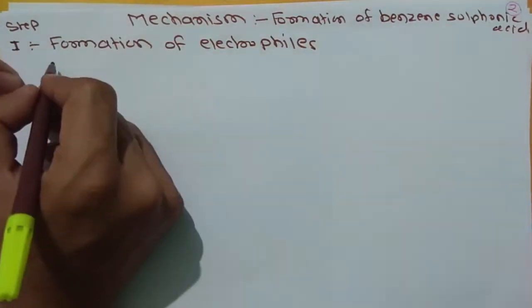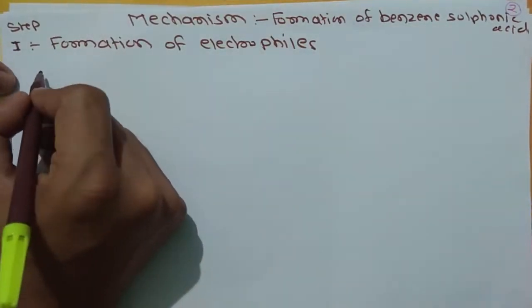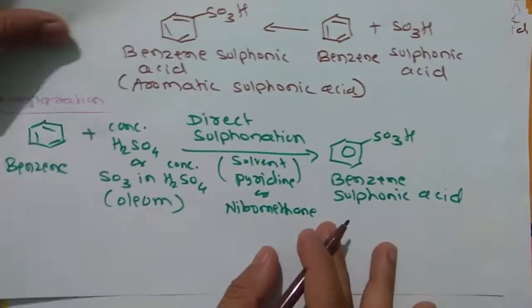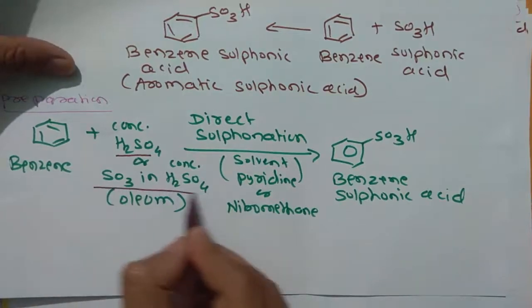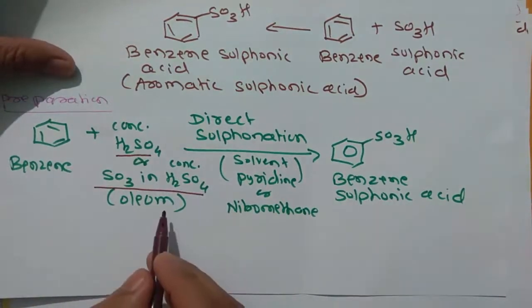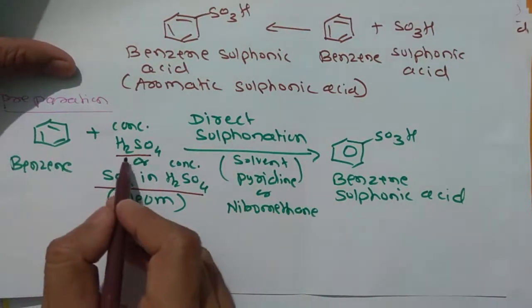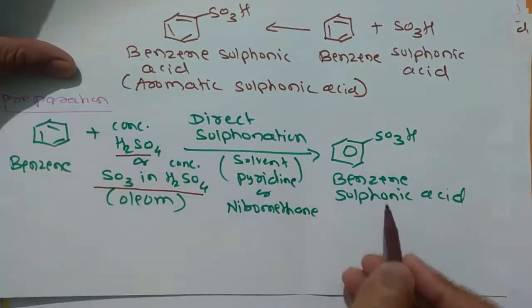Here the electrophile is formed like this. In these reactions we can use H2SO4, or SO3 in H2SO4. Here we use H2SO4 for the formation of benzene sulfonic acid from benzene. We can take H2SO4 first.